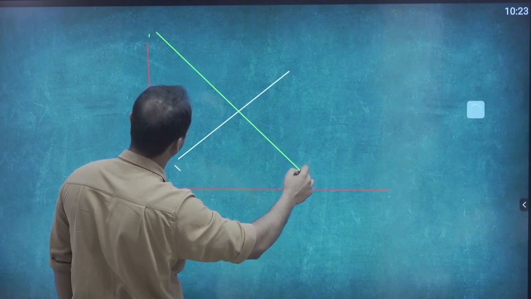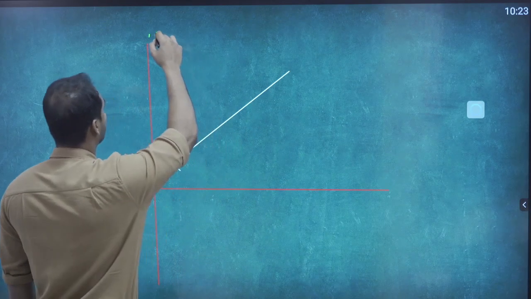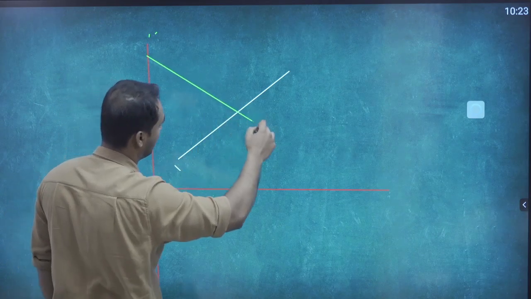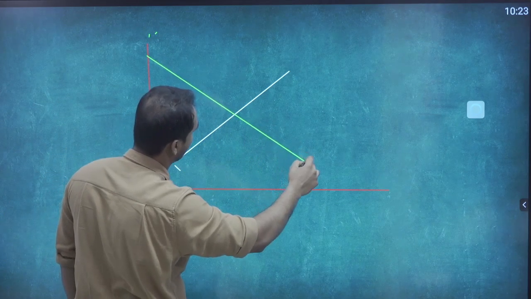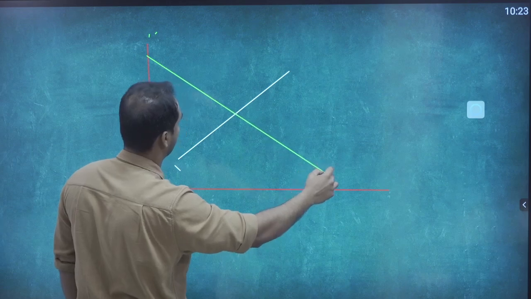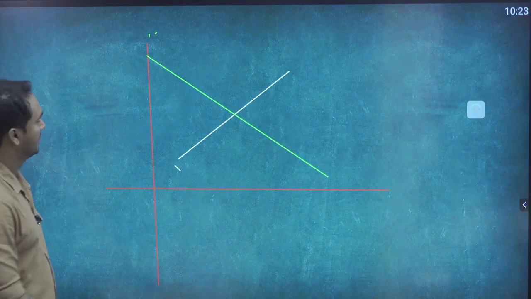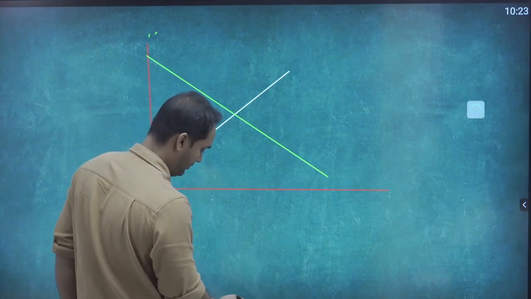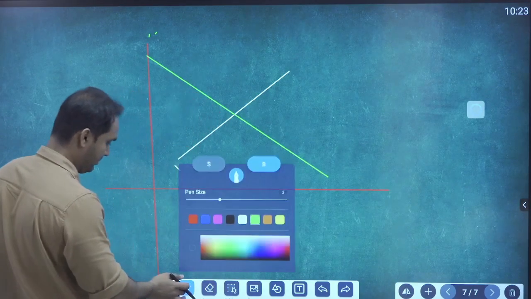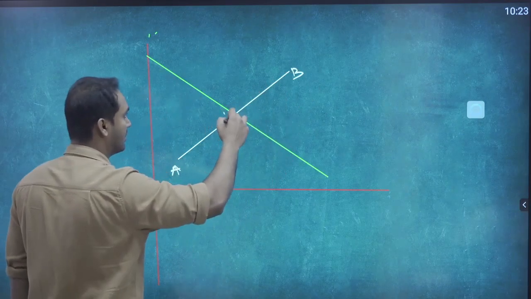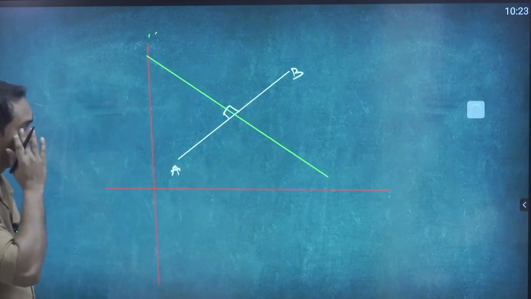Okay. I'll take it from here. Alright. So now this is A and B and it cuts perpendicularly.